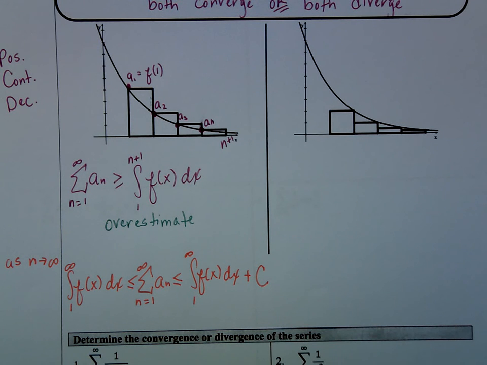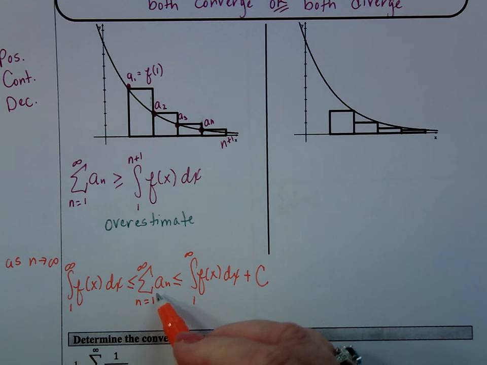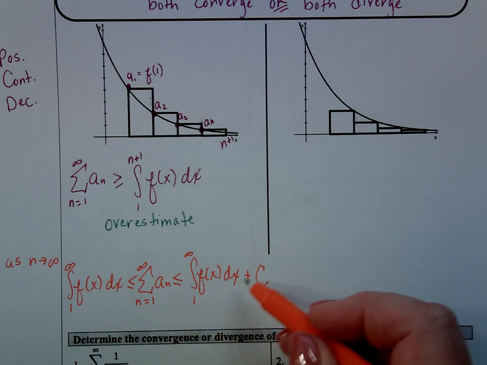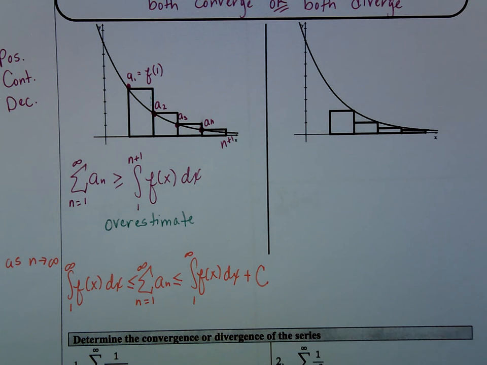Remember integrals with your constants. So you can see this a sub n sum is sandwiched between the integral of your function and the integral plus your constant. So that's what the first drawing is trying to say to you.